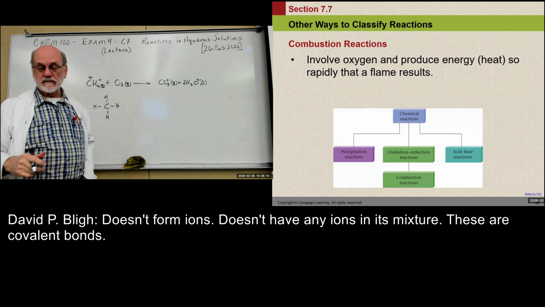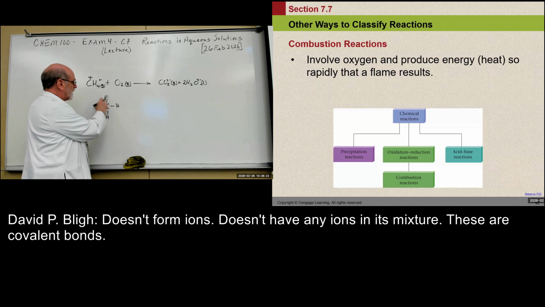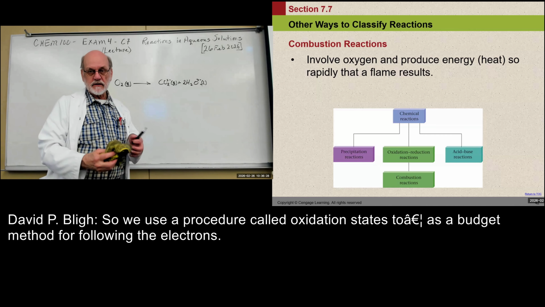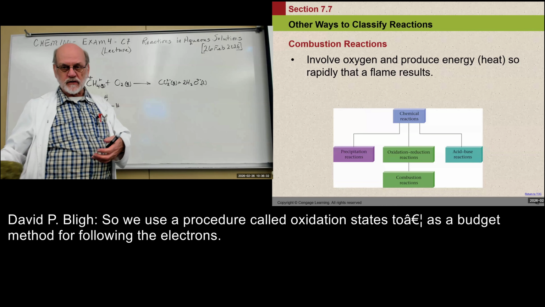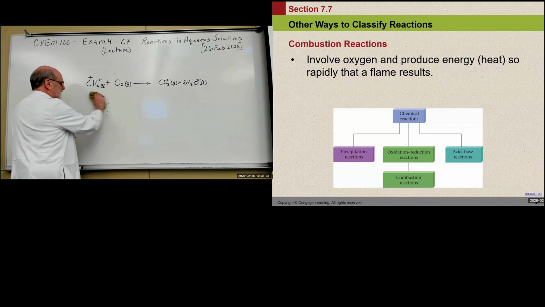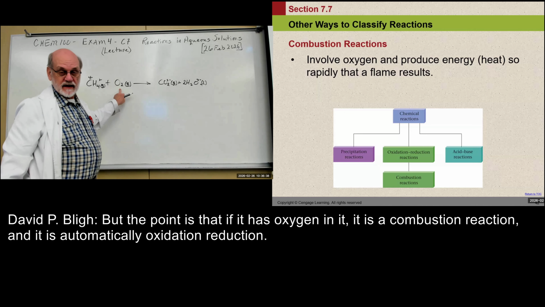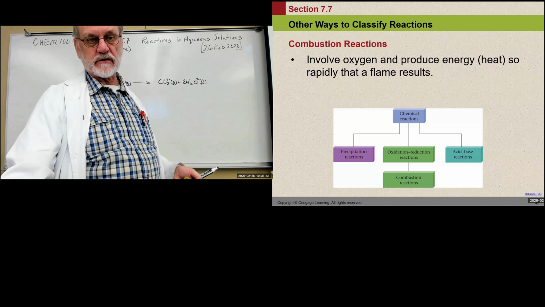It doesn't form ions. It doesn't have any ions in its mixture. These are covalent bonds. So we use a procedure called oxidation states as a budget method for following the electrons. But the point is that if it has oxygen in it, it is a combustion reaction and it is automatically oxidation reduction.